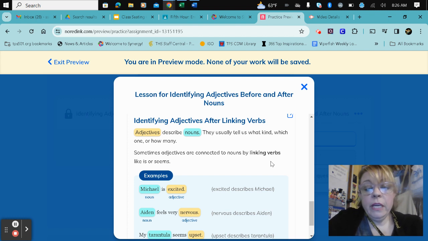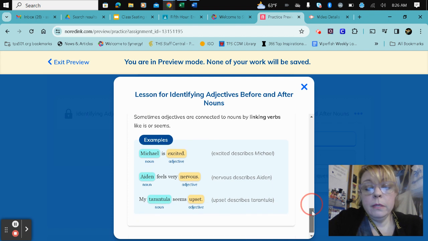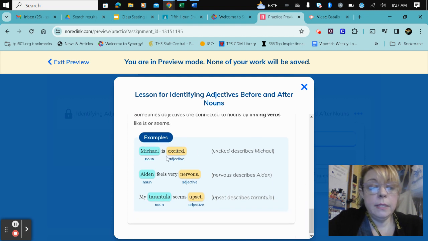So you have linking verbs, and linking verbs are the verbs in these sentences right here. So is, feels, seems. So we have Michael is excited. Excited is the adjective, which is describing Michael. Aiden feels very nervous. There's the linking verb.